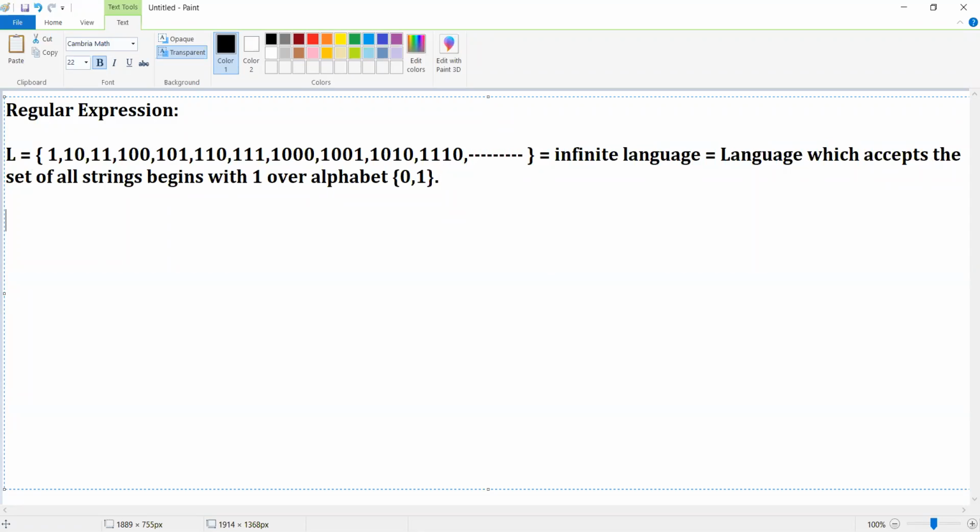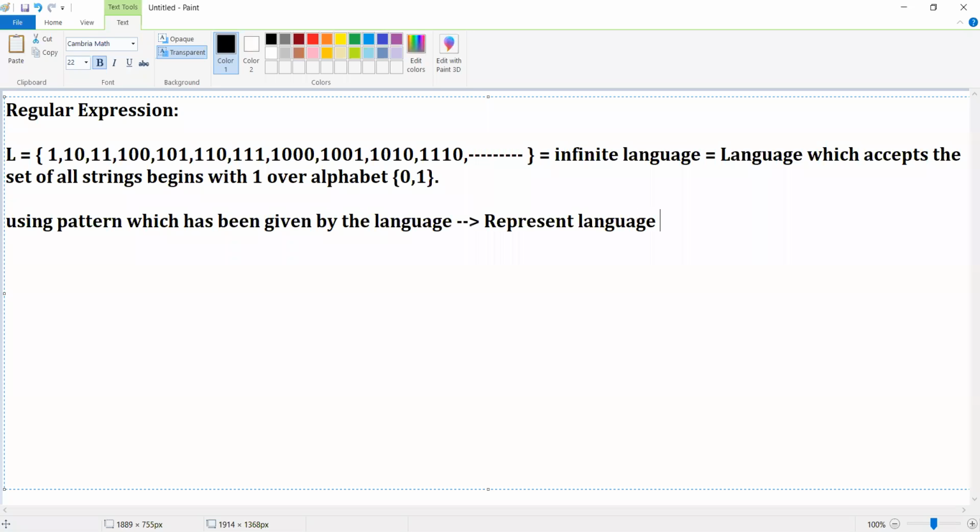So using the pattern which has been given by the language, what we try to do is represent the language in the form of a regular expression. So what is the pattern it is saying?